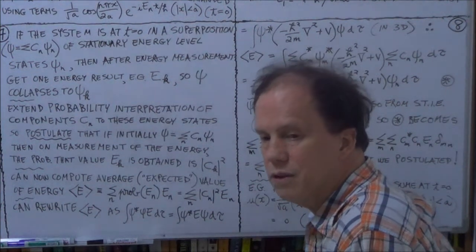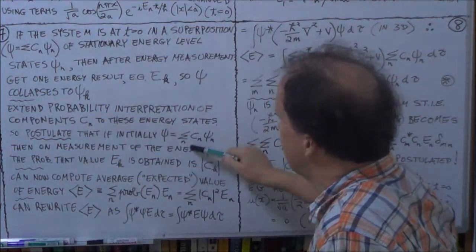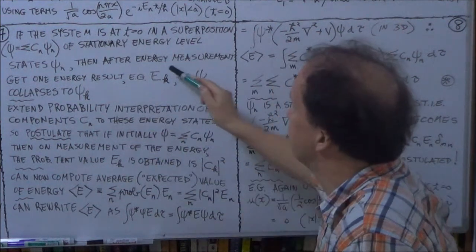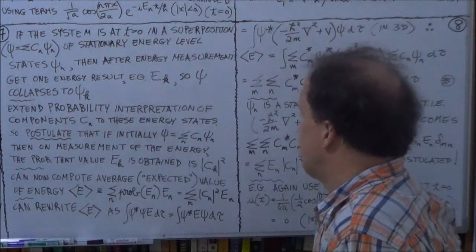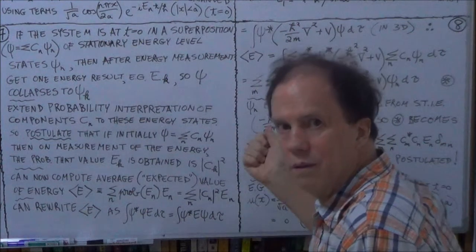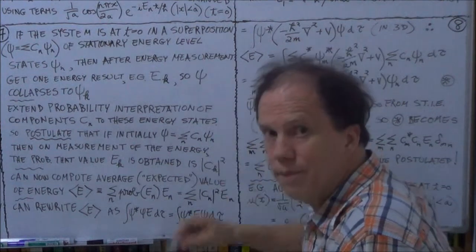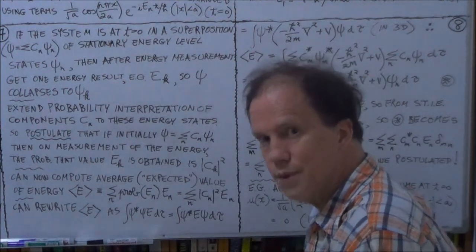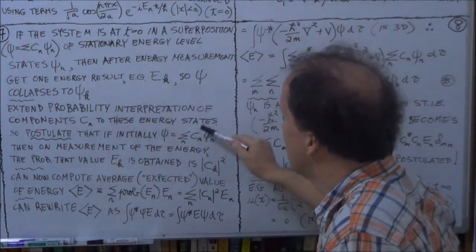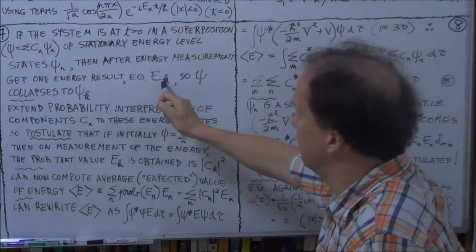So it's a kind of theoretical justification that when you square the C_n or C_k, that gives you the probability of finding that energy. Let's find out what we should get, and then we'll solve the Schrödinger equation to get the same result. If we do, that confirms this idea that squaring the C gives you the probability of measuring that energy value, E_k.